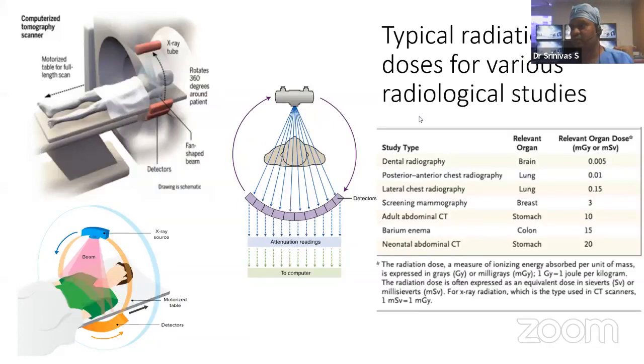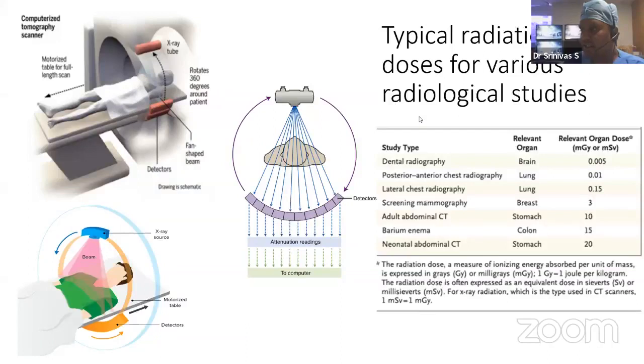When we do a posterior anterior chest radiograph, that is a chest X-ray, the lung takes 0.01 milligrays of ionizing radiation. When we do a lateral chest radiograph, that is a lateral chest X-ray, the lung takes about 0.15 milligrays of ionizing radiation. But when we do a screening mammography, the breast takes 3 milligrays of ionizing radiation.